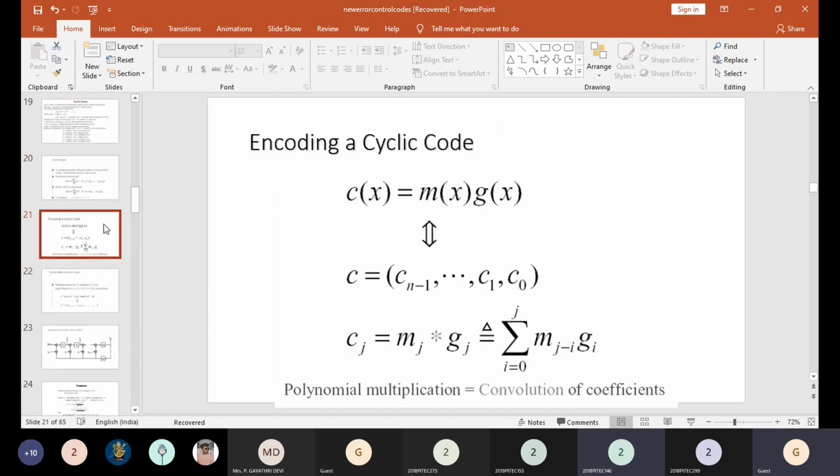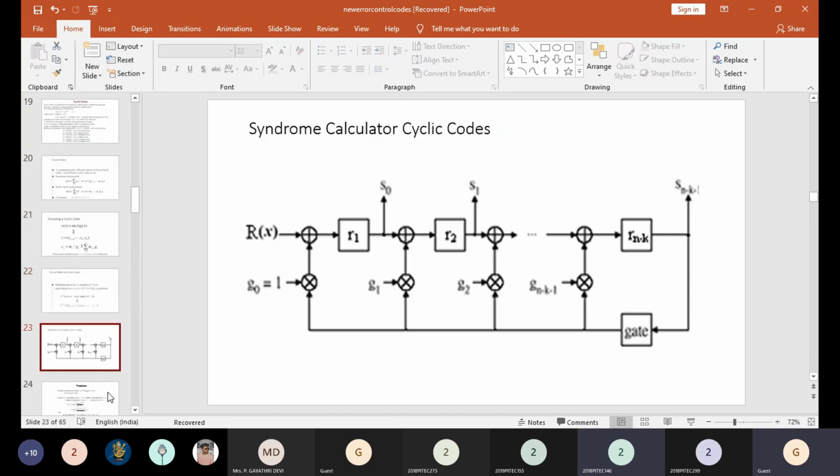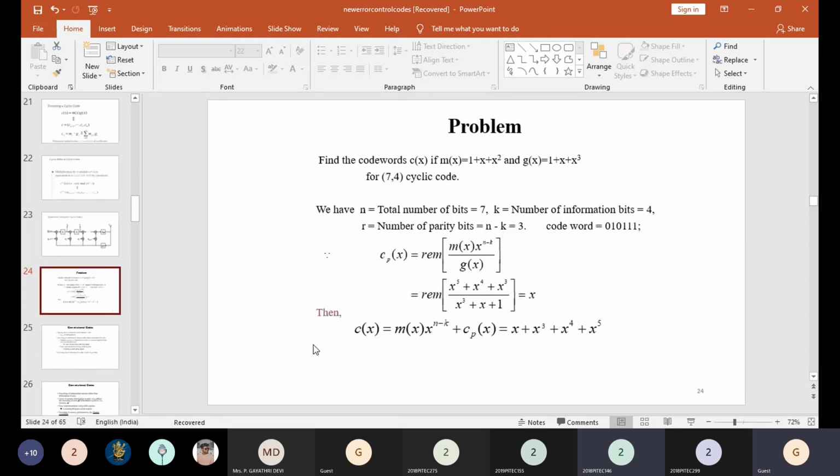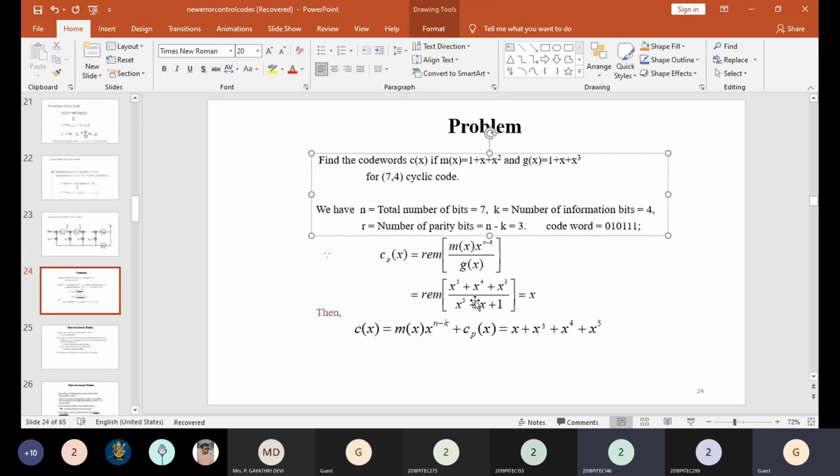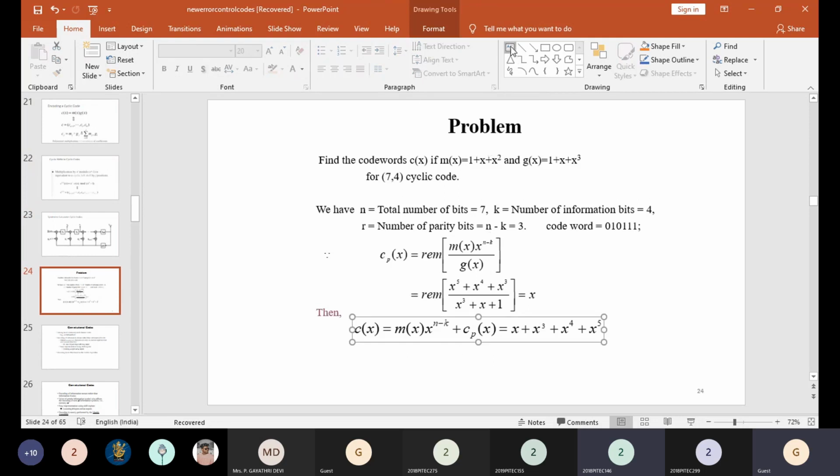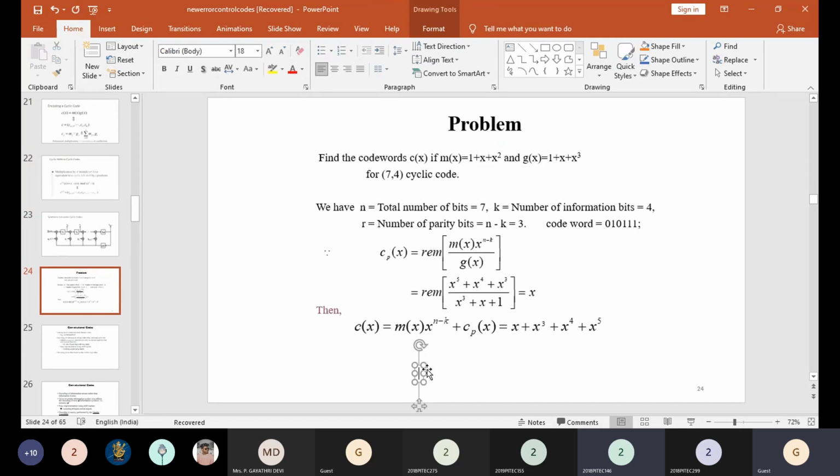Mainly these linear block codes and cyclic codes are used for error detection and error correction.